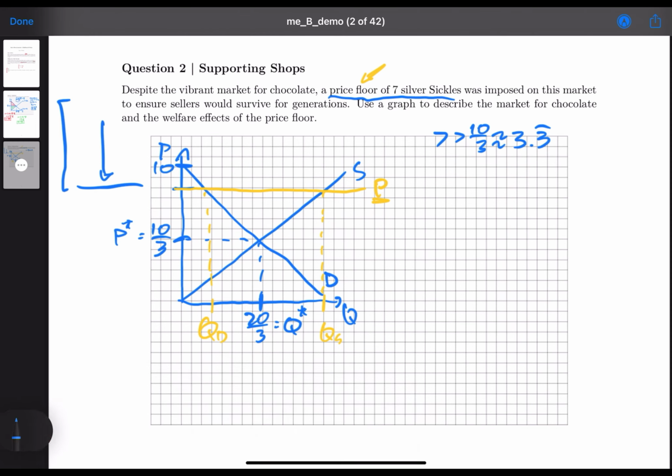First is quantity exchanged. Quantity exchanged is simply how much is actually bought and sold. So it turns out there's a bunch of leftover supply, a bunch of leftover chocolate that's not sold. So we have this surplus or excess.